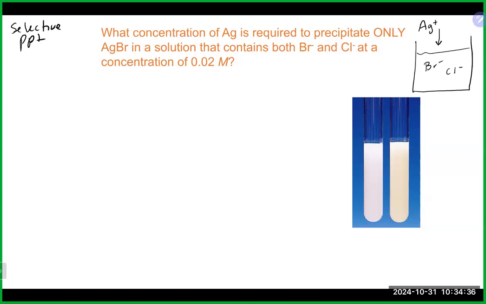Now, the goal here is that when we add the silver, we want only this guy to make a solid. We want the chloride to still be floating around in the solution and not be affected at all. Now, why would you want to do this and maybe take out one guy first and leave the other guy floating around?